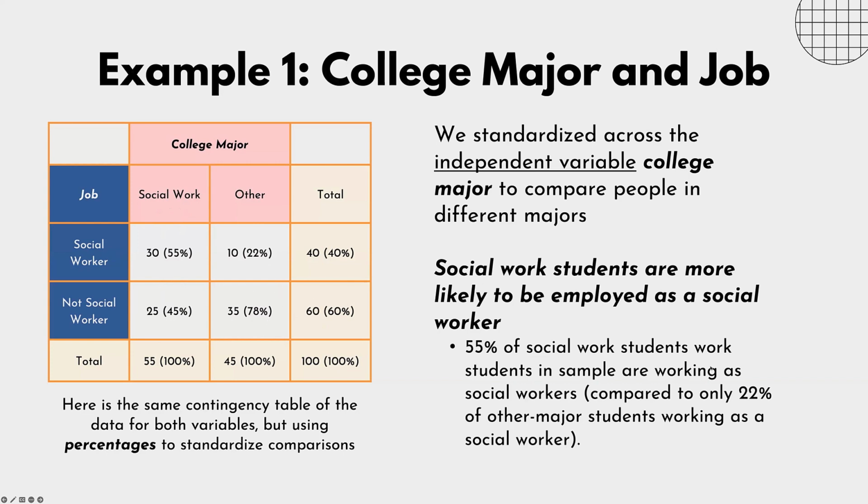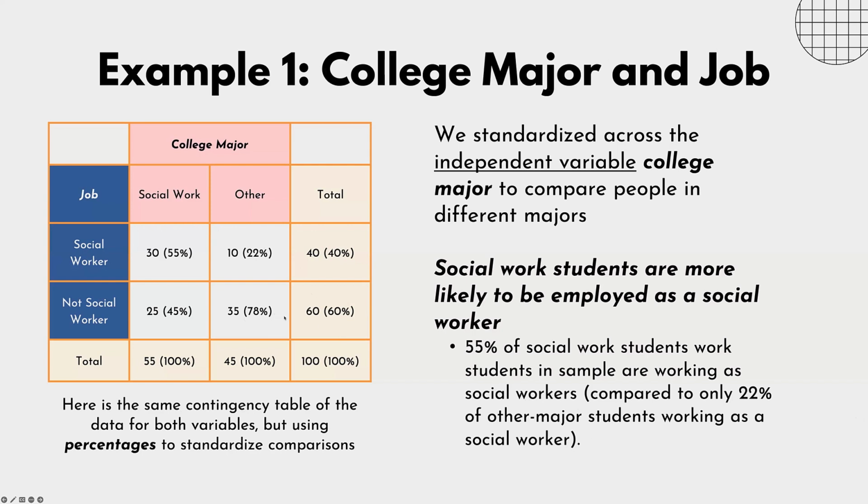So this is important to note. So I say here that social work students are more likely to be employed as a social worker. So 55% of social work students in the sample were working as social workers, compared to 22% of those who weren't in social work working as a social worker.